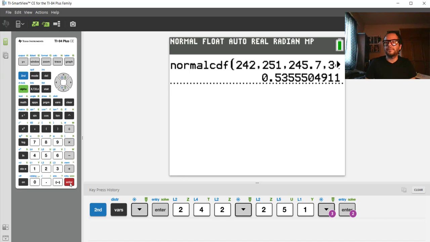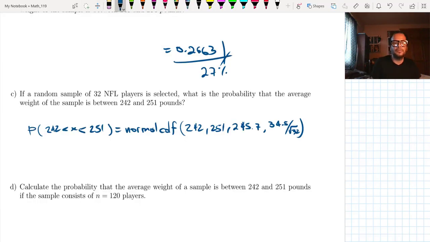All right, so we get 0.5356. That's our probability.